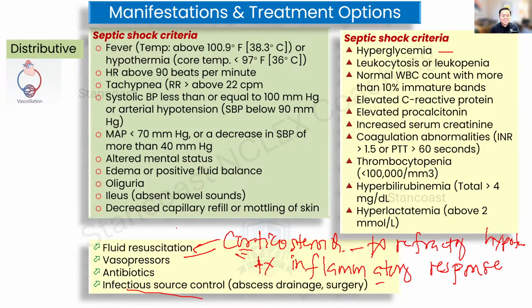Now, aside from these major treatments, guys, there's also a need for us to provide supportive measures while the patient is in the ICU. Other interventions here will be to prevent stress ulcer. What else?